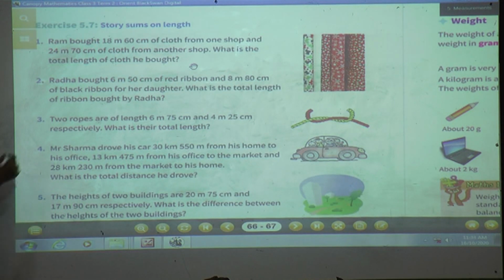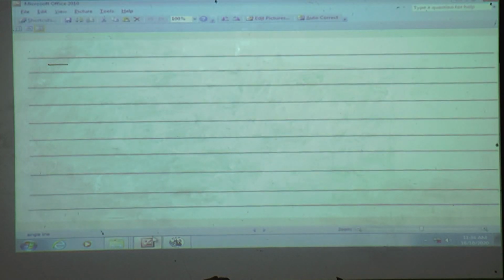The word total represents that we have to do addition here. The length of the first cloth is 18 meter and 60 centimeter and the length of the other cloth is 24 meter and 70 centimeter, and we have to find out the total length, means here we have to do the addition. So let us do the addition.